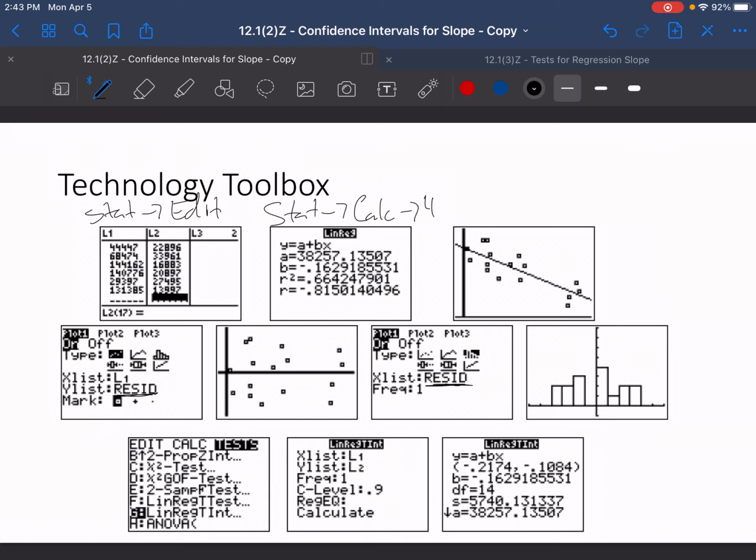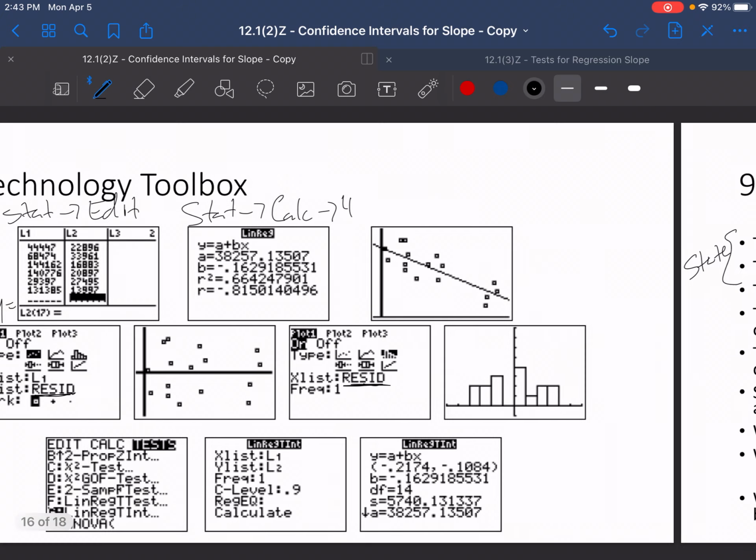So you can use residual when you go to second and y equals in order to graph your plots, so that you have a good idea of what you're looking at, and you can check your conditions at this point.